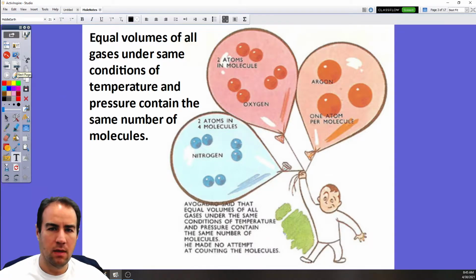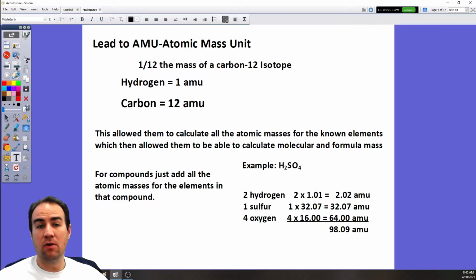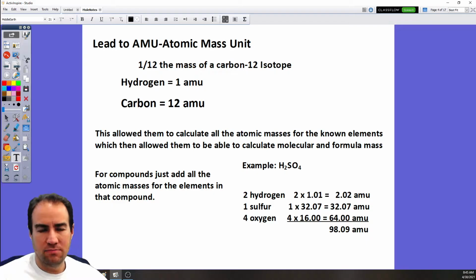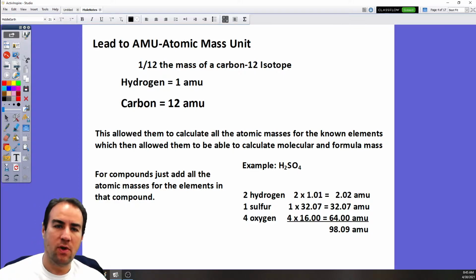And that idea led us to other information, which is the AMU. The AMU, as you recall, is a unit that we use to measure the mass of an atom. 1/12 the mass of a carbon-12 isotope is how they established that measurement.